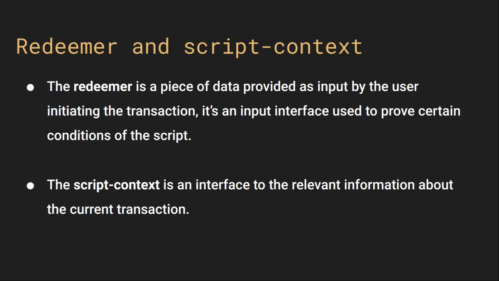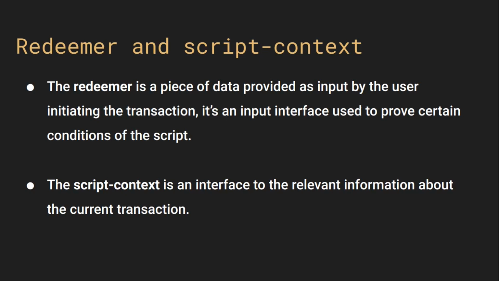And on the other hand, there is the script context, and this is an interface that shows you the relevant information about the current transaction. For example, the inputs, the outputs, the signatures involved, the minted amounts, and other relevant information about the current transaction that is being executed.